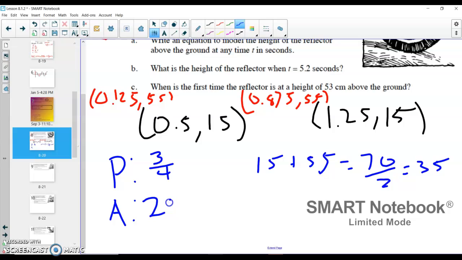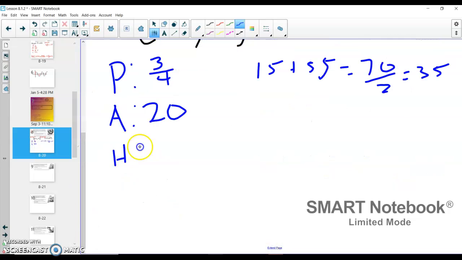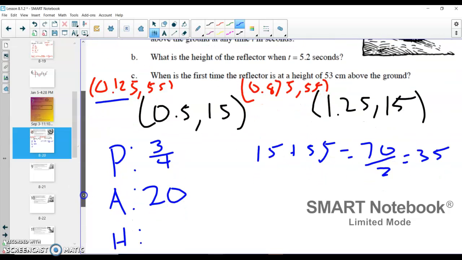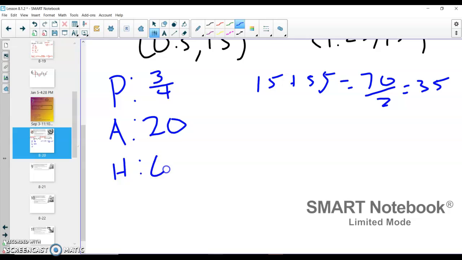So the amplitude is 20. The horizontal shift is my first high point that I can get, which is the 0.125, shifting it that x distance. And then my vertical shift is going to be actually at my midline, which is 35.